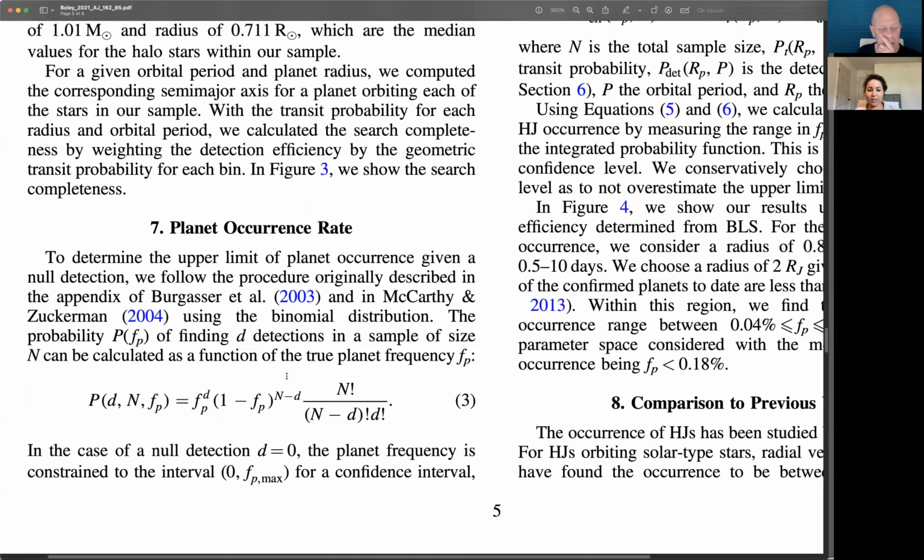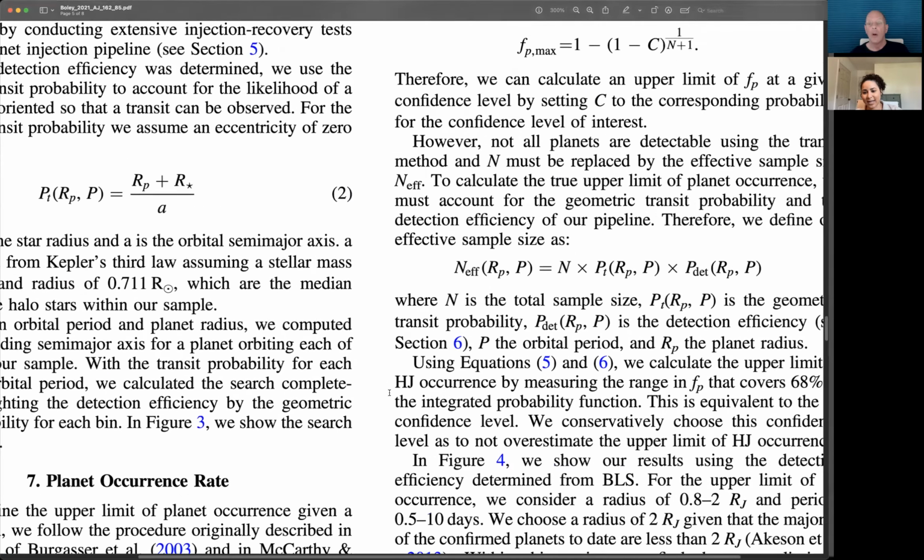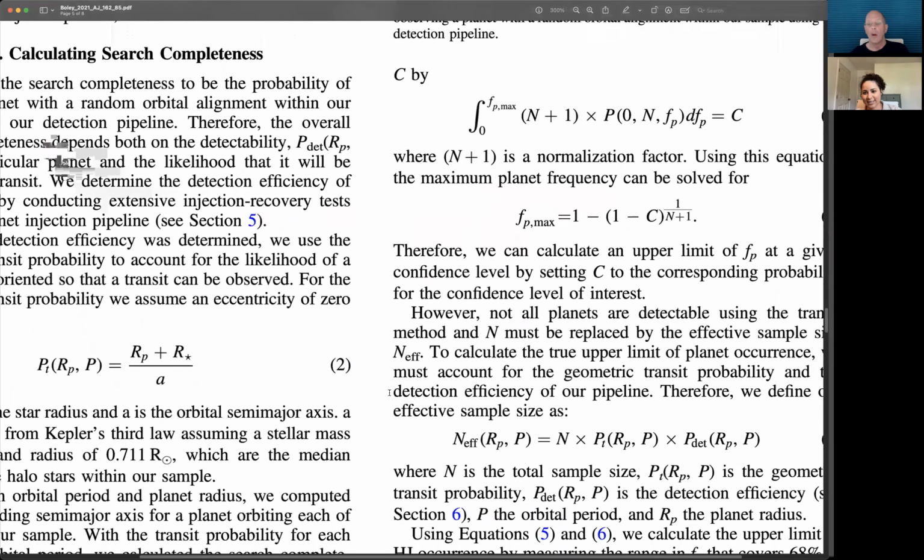So basically we take equation 3, which is the binomial distribution. Since we had 0 detections of planets, we were able to substitute zero in, and the equation ends up becoming very nice.